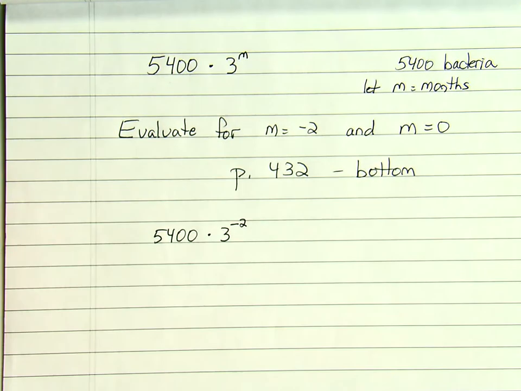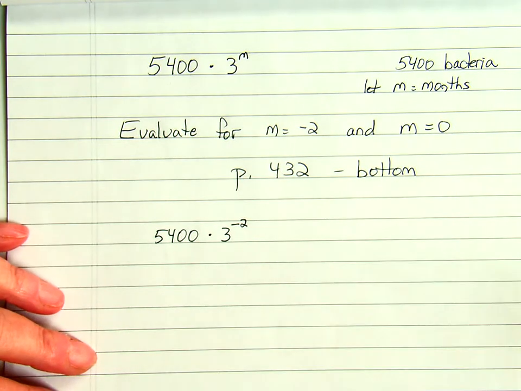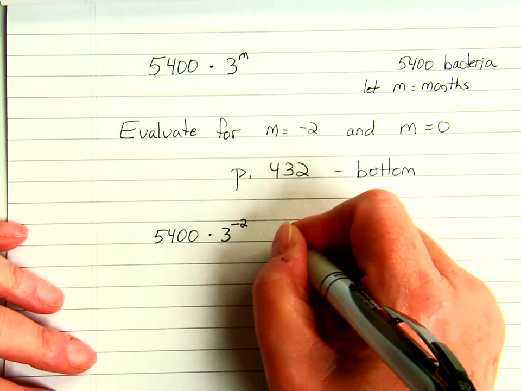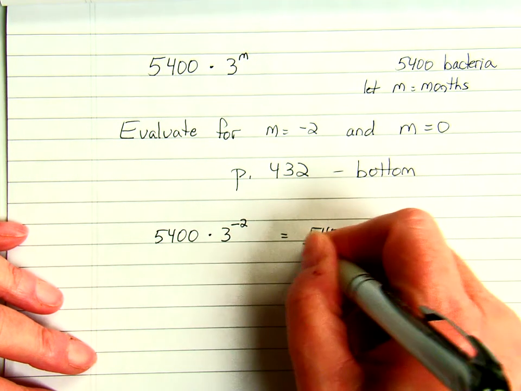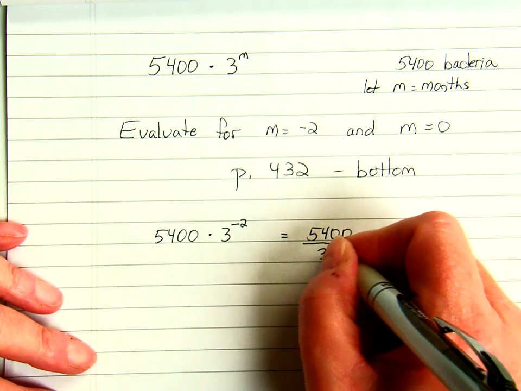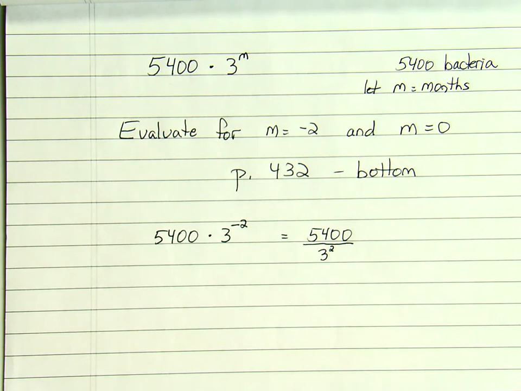We should understand by this point that 3 to the -2 is actually 1 over 3 squared. So this is going to be 5,400 over 3 squared. It's actually being divided in this instance.